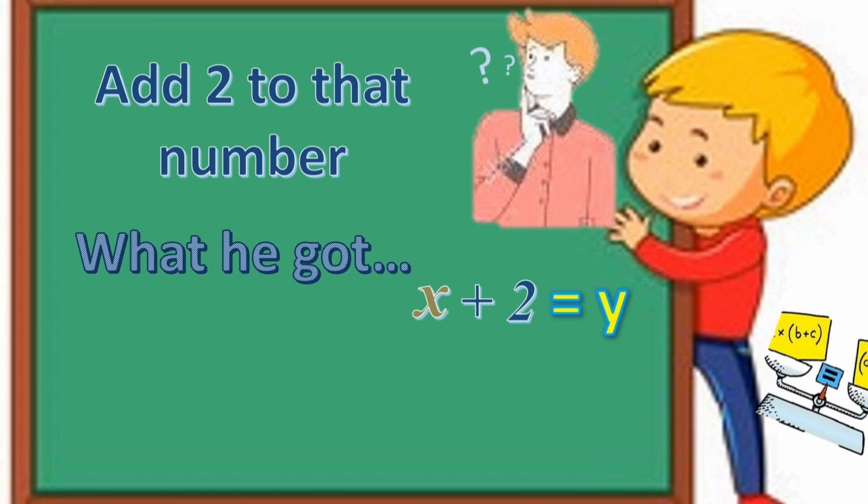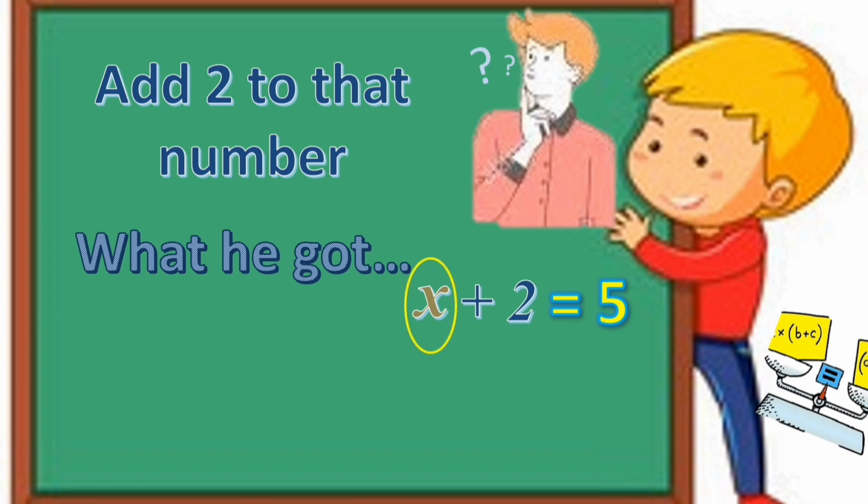Let's say Adamu got 5, so we replace y with 5. All we have to do to solve for x is to take plus 2 to the right hand side. When plus 2 crosses the equal sign, it will turn to minus 2. So don't forget, anytime plus crosses an equal sign, it turns minus.